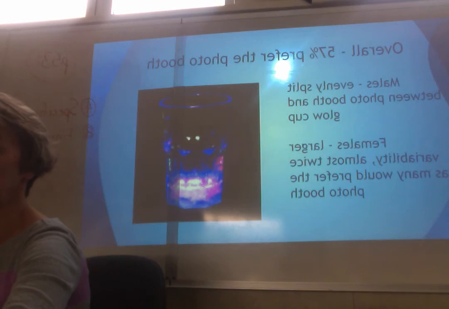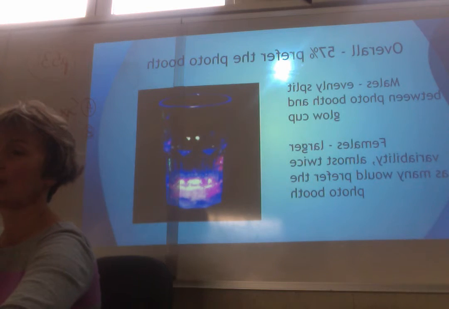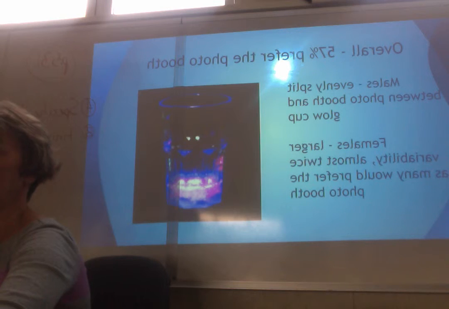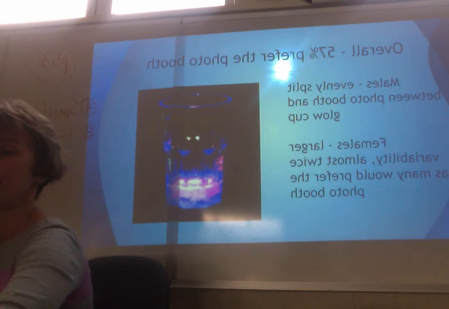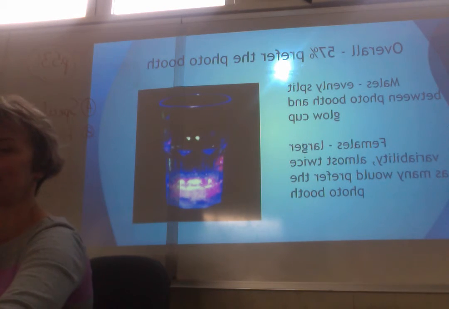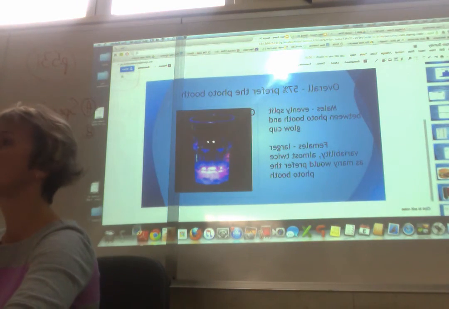Okay, so that was overall, females. Males split between photo booth and glow cup. Females almost twice as likely would prefer the photo booth. And we ended up getting the cup. You've seen the cup. I'll bring the cup in. Okay, so that was Miss Righetti's version.